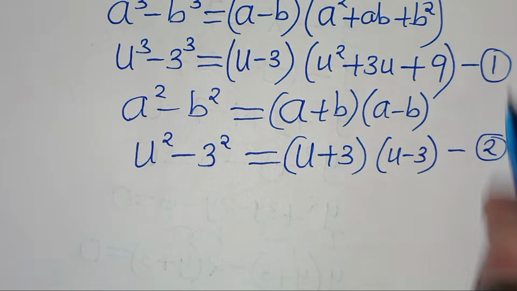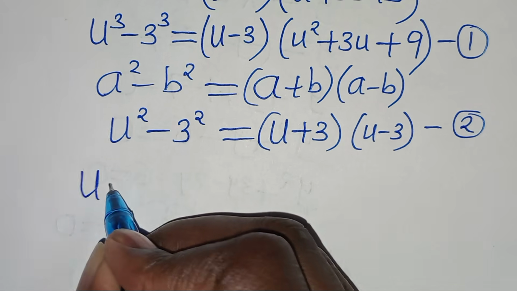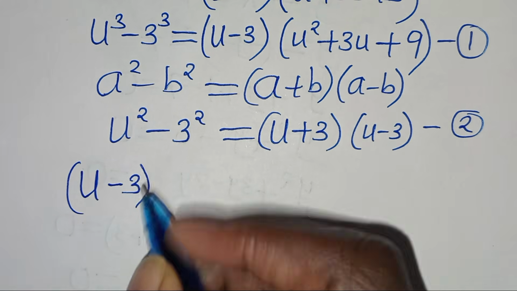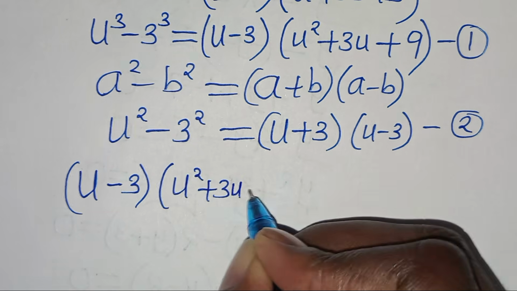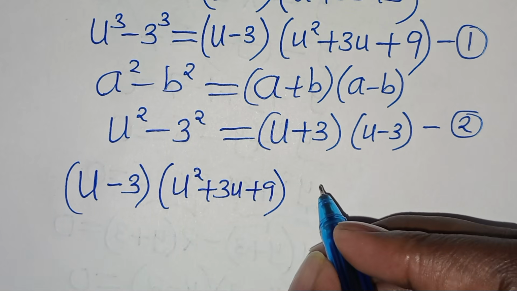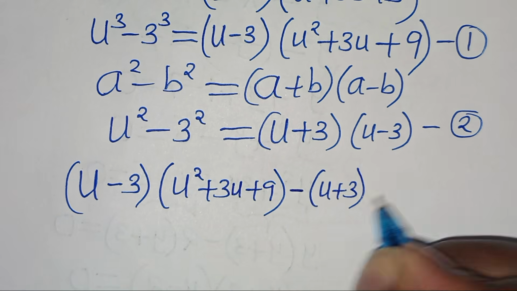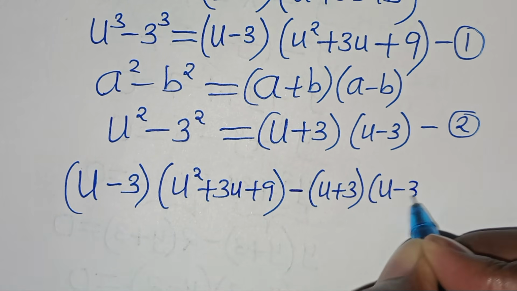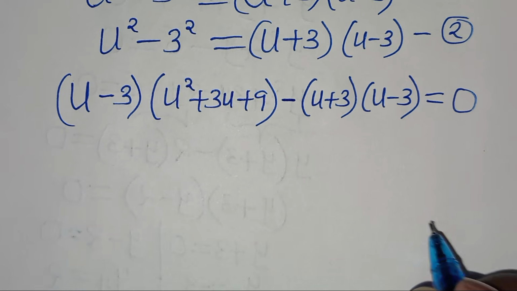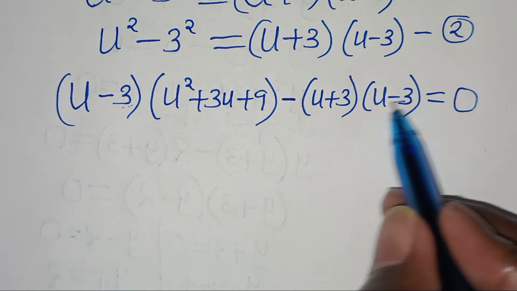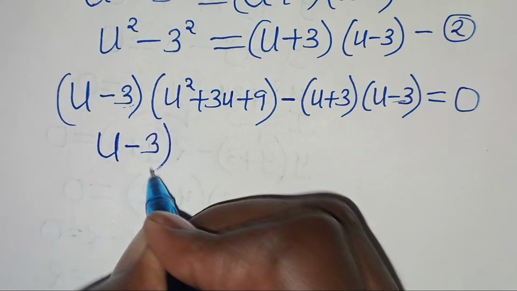So let's combine part 1 and 2 here, so that we have u minus 3, u squared plus 3u plus 9. Then we have subtract u plus 3 multiplied by u minus 3. This is equal to 0. u minus 3 is common here, so we can factor out u minus 3.